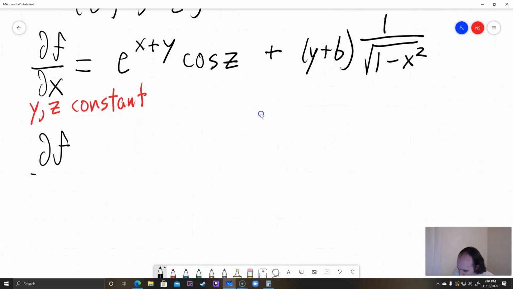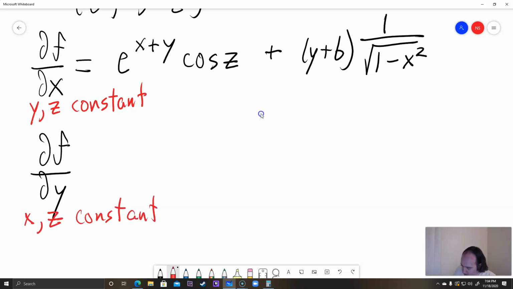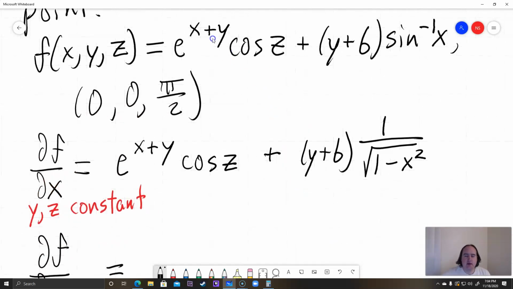Okay, so for partial f, partial y, that means the other two variables are constant. So x and z are constant. Since x and z are constant, for e to the x plus y, the derivative of that is once again e to the x plus y, and then the cosine of z is constant.